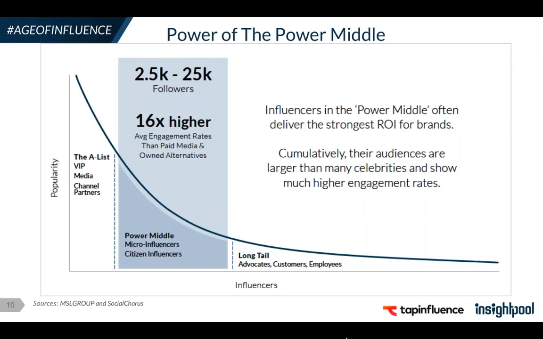So more reach oftentimes means less engagement, and the reason for that is that the audience isn't necessarily as relevant to the brand or to the marketer or to what they're trying to solve for. So I think that's one of the biggest takeaways in terms of the power middle and why it's important to focus on the middle of the pyramid or the middle of this graph here.